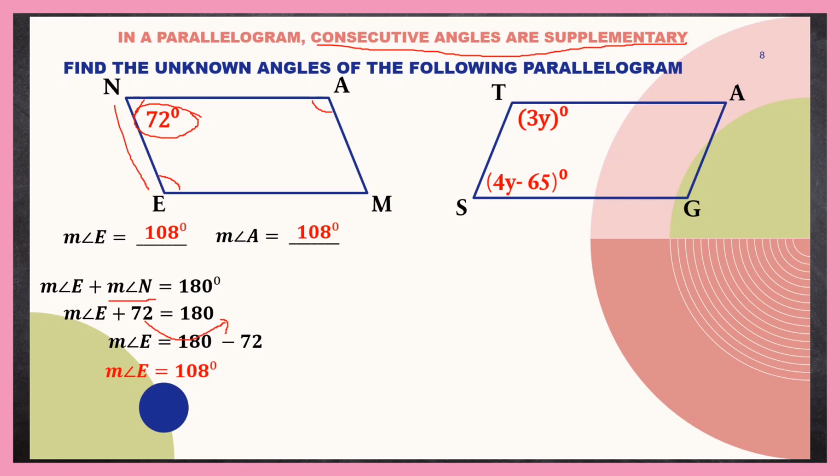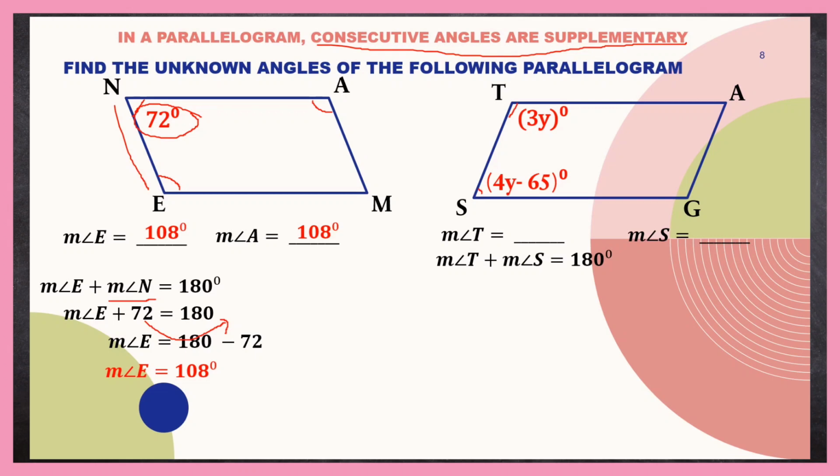We have parallelogram TAGS. The givens are angle T and angle S. Angle T is 3y degrees, and angle S is the quantity 4y minus 65 degrees. Then let us find the measure of angle T and the measure of angle S. Again, the sum of the two angles is 180 degrees.